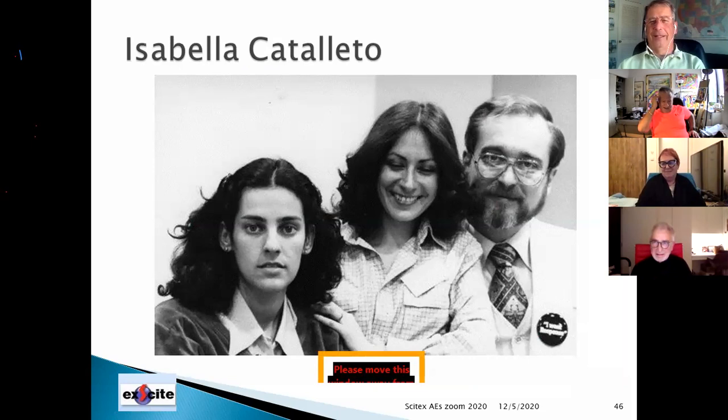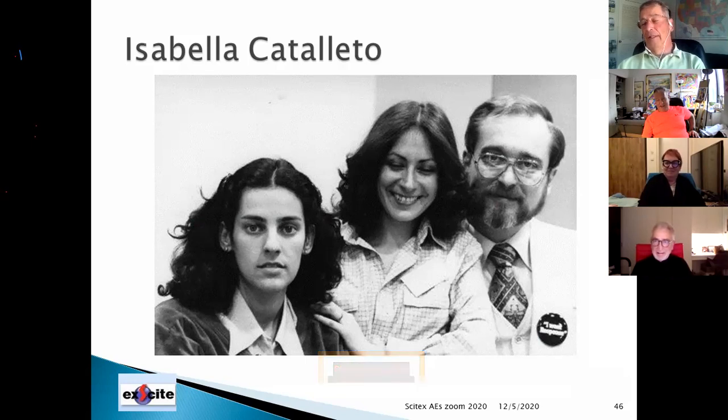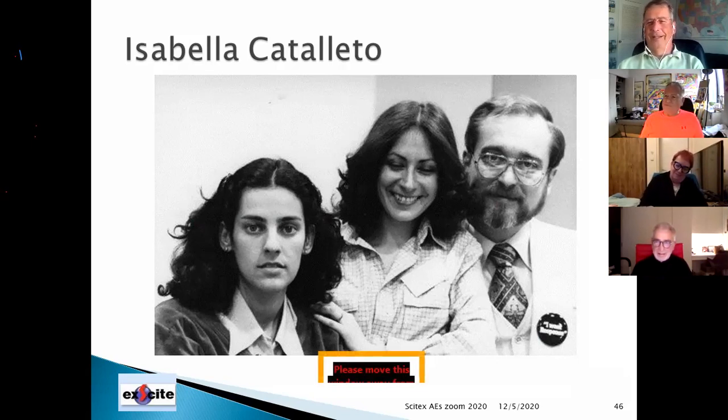Isabella started with Scitex through her father, who was really not a very good driver, as I recall, and Arthur used to complain about him that he is crazy. In fact, Isabella was the real person that really helped Scitex over many, many years.